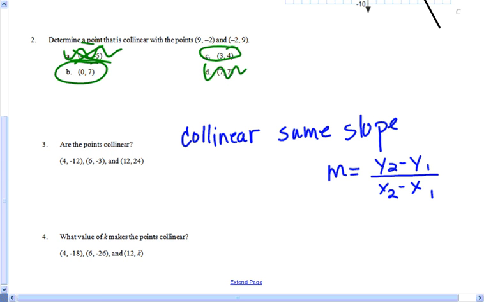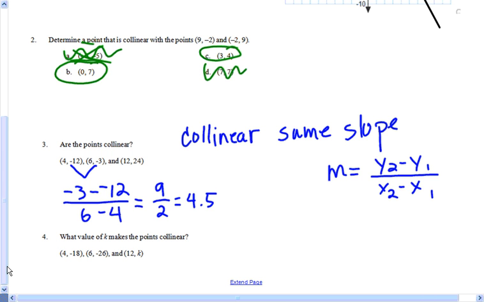So if I take these first 2 points and find the slope between them, I'm going to do -3 minus -12, and then divide that by 6 minus 4. Well, that's equal to 9 over 2, which is 4.5. So the slope between the first 2 points is 4.5.